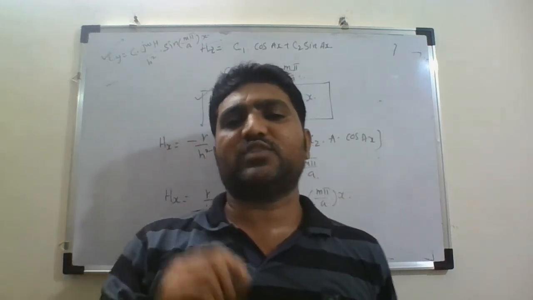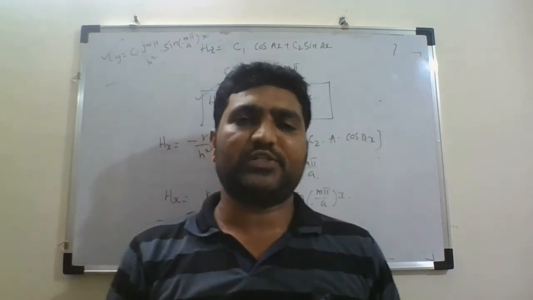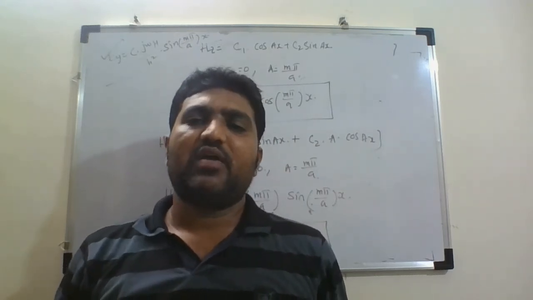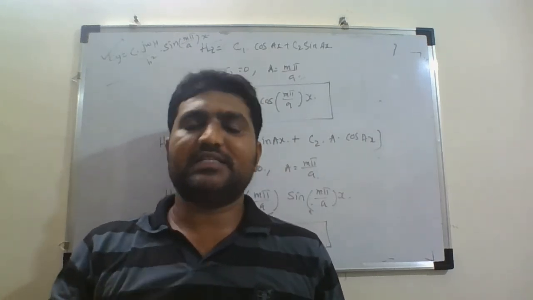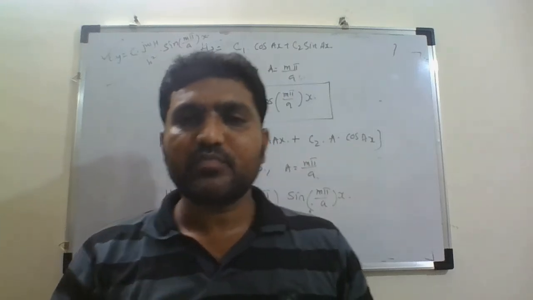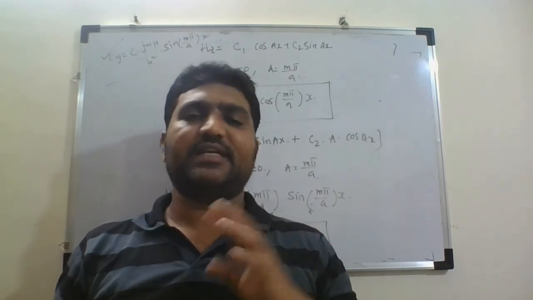So the electric field is always perpendicular to the plane of incidence or to the direction of propagation. This kind of wave is called a vertically polarized wave, and whenever I do this, I get Ez equal to 0, which is called a transverse electric wave. So for a transverse electric wave, we get Ez is equal to 0.